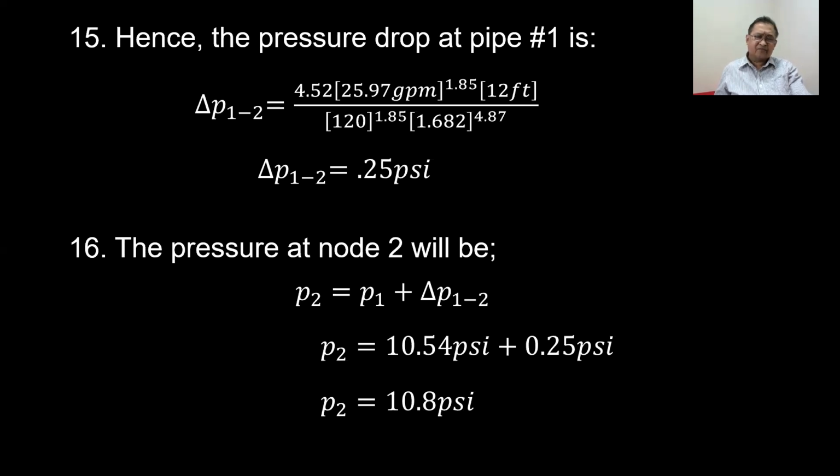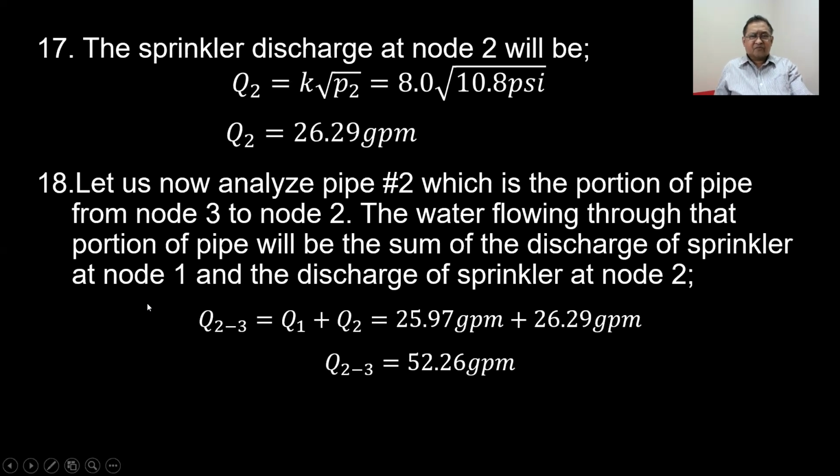So 10.54 plus 0.25, the result will be P sub 2 is 10.8 psi. So from this value, we can now calculate the sprinkler discharge at node number 2. So we have the K value of 8, and P sub 2 is equal to 10.8. So Q sub 2 will be 26.29.